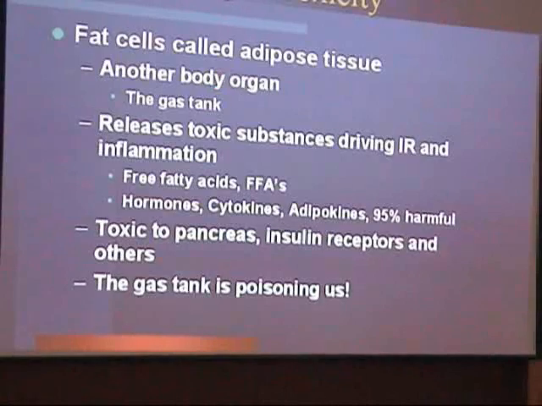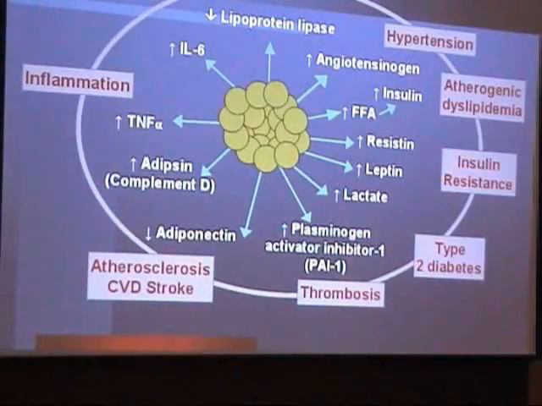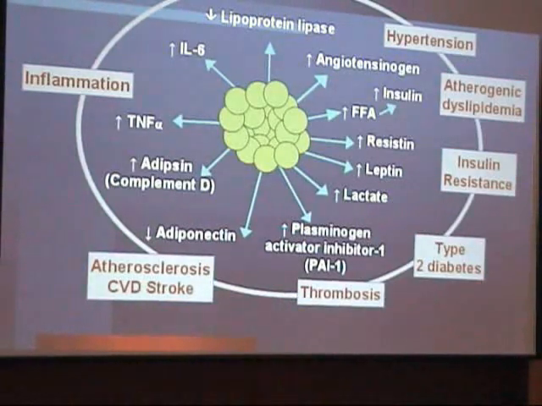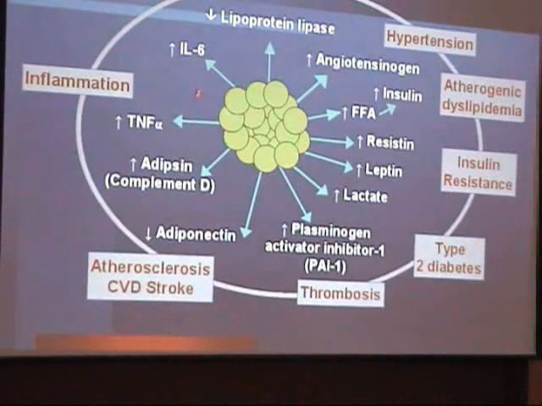And another way to demonstrate this is in this slide, where in the center of the universe, we have the adipose tissue releasing all these cytokines, hormones, inflammatory substances that lead to all the diseases we see in modern society.